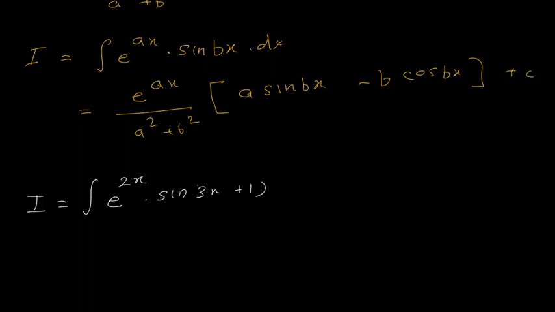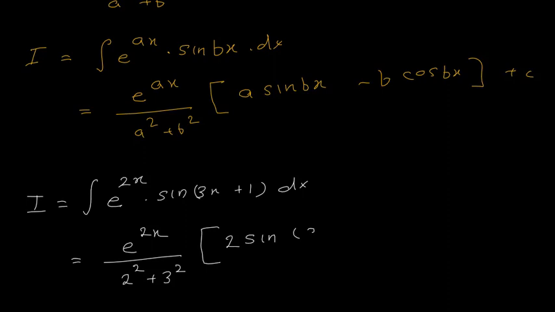Now here if I use this formula, I will get the answer as e power 2x whole divided by 2 square plus 3 square into, here we have 2 into sin 3x plus 1 minus 3 times cos of 3x plus 1, okay, plus c.